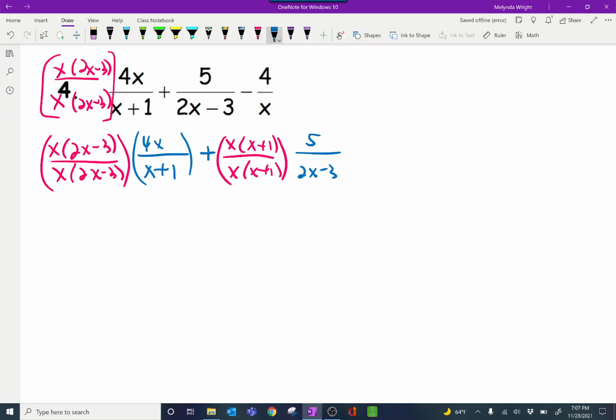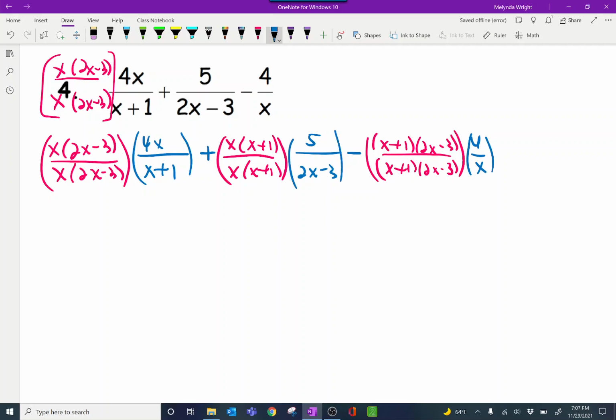Okay, minus. This last little fraction needs an x plus 1, 2x minus 3, x plus 1, 2x minus 3, and currently has a 4 over x.